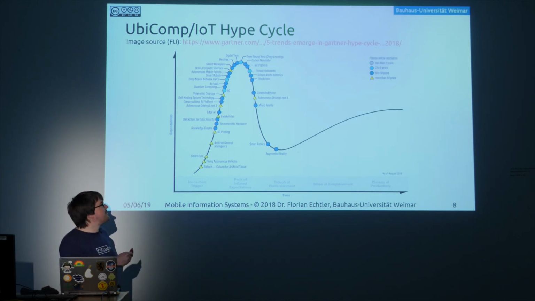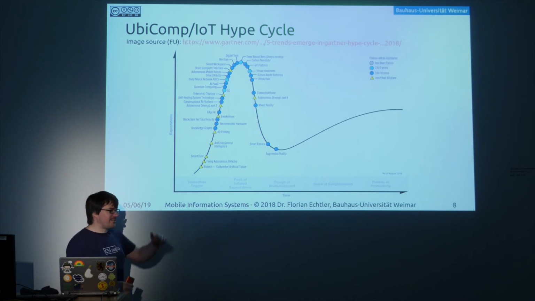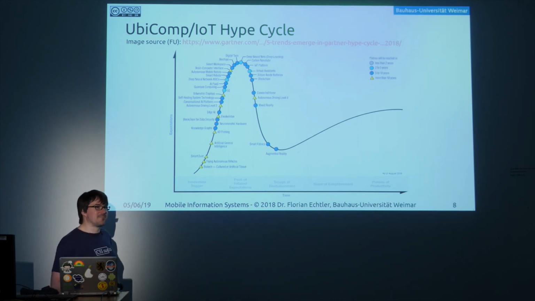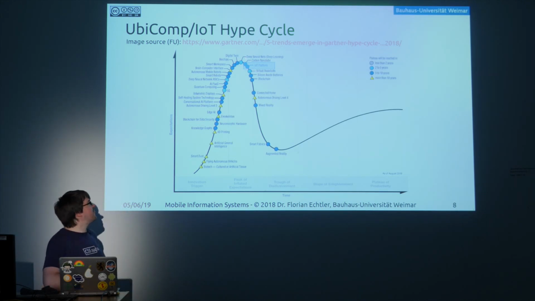And then at some point, of course, people realize that maybe it's not quite that spectacular after all, and it won't quite solve all problems, and then comes this slump where people actually say, well, it's not that great anyway, who needs that? And then a while later, things adjust to a reasonable level, and then the technology can actually be used productively. And so IoT is actually right now just past the tip of this curve, basically.